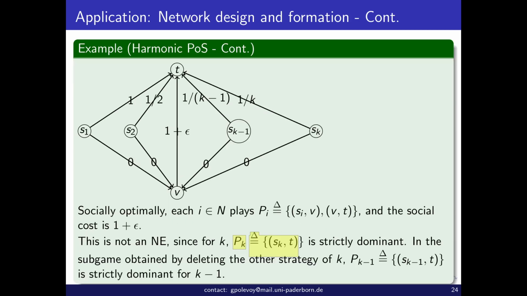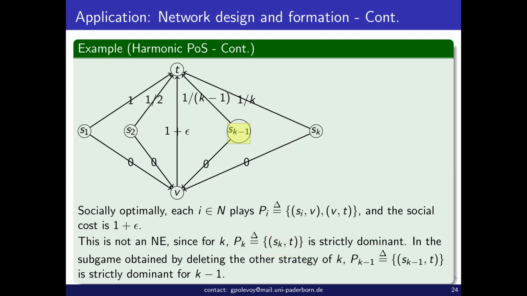Excuse me for the confusion with the browser. So strictly dominant. Now we can delete the other strategy, which is strictly dominated. And in the subgame, the next player we look at is player K minus 1.